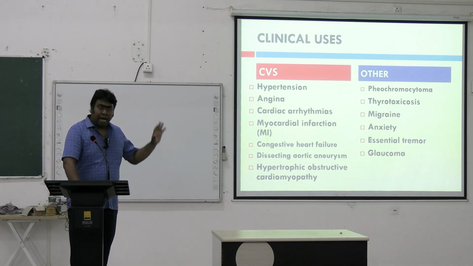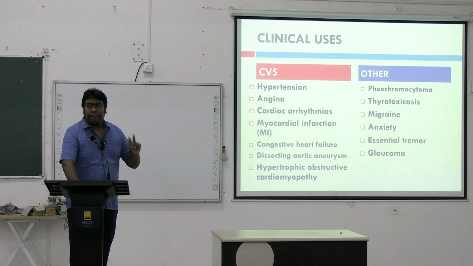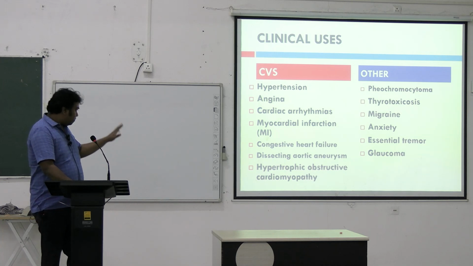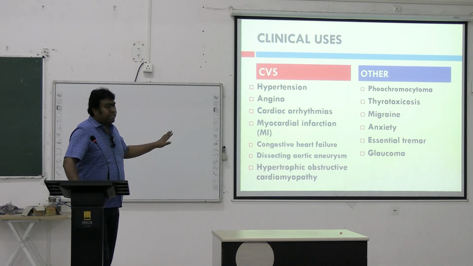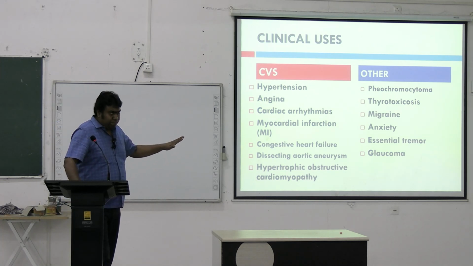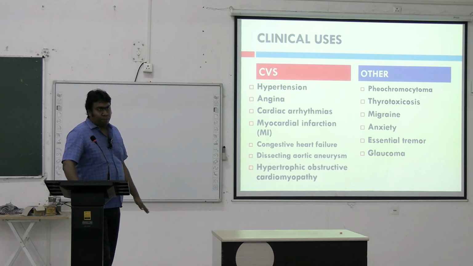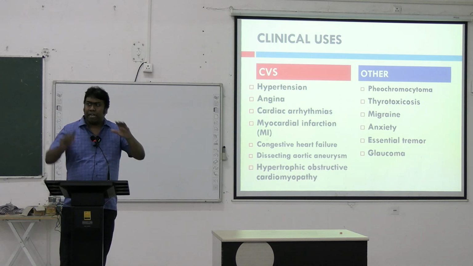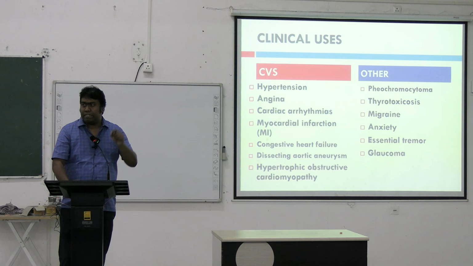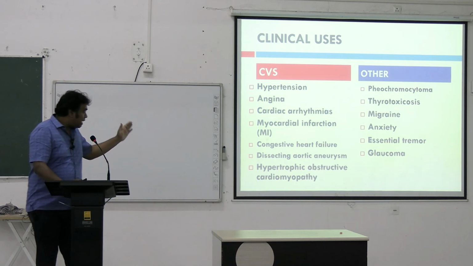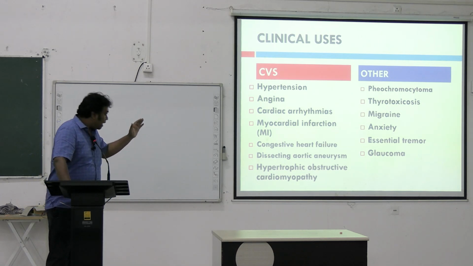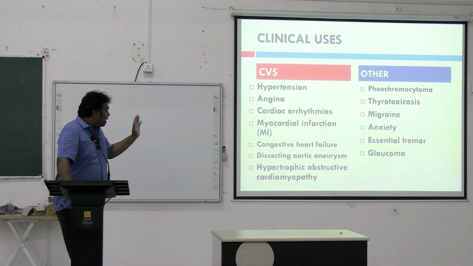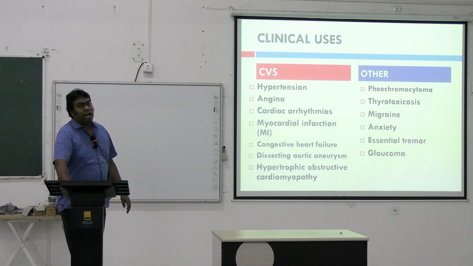Clear? Other than these 5, 2 other CVS uses are there for the beta blocker: dissecting aortic aneurysm and hypertrophic obstructive cardiomyopathy. What is aneurysm? The aorta dilates and from there dissection, meaning tearing, starts; that means dissecting aortic aneurysm. And the last one is hypertrophic obstructive cardiomyopathy.